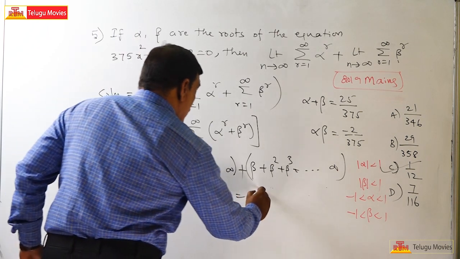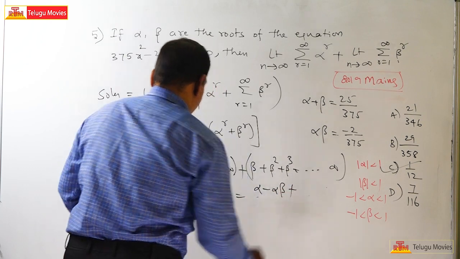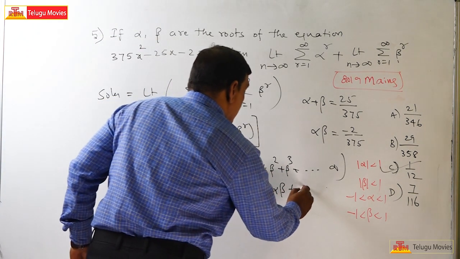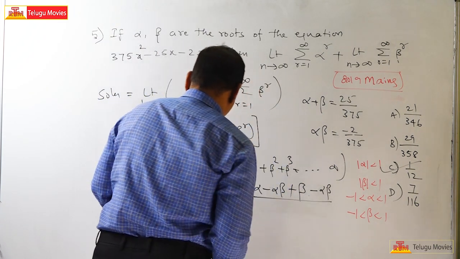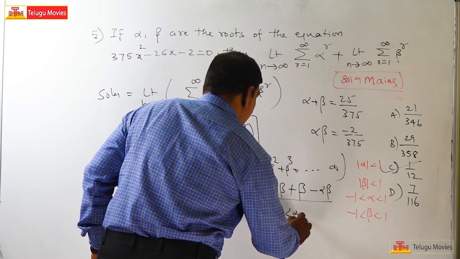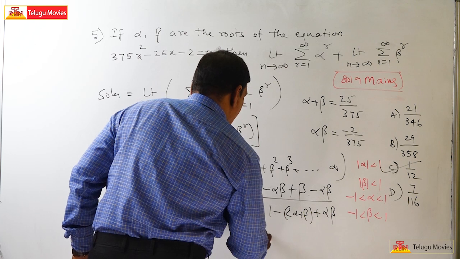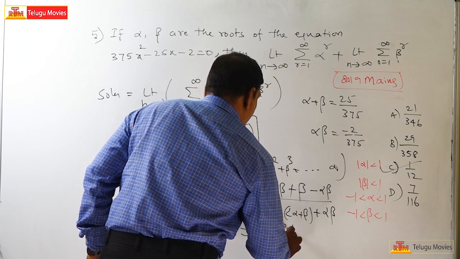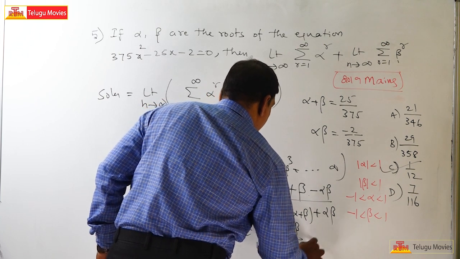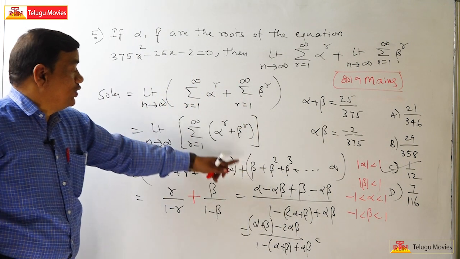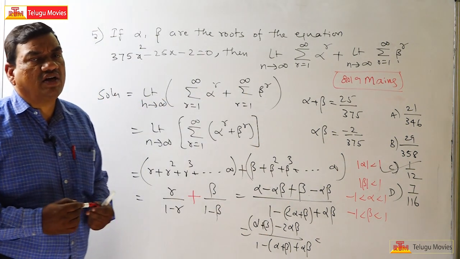So this is equal to alpha minus alpha beta plus beta minus alpha beta, by 1 minus alpha plus beta plus alpha into beta. So this is equal to alpha plus beta minus 2 times alpha beta by 1 minus of alpha plus beta plus alpha into beta. Now you see here it is plus, so a small correction. Take the LCM and substitute all the values, we will get 1 by 12.